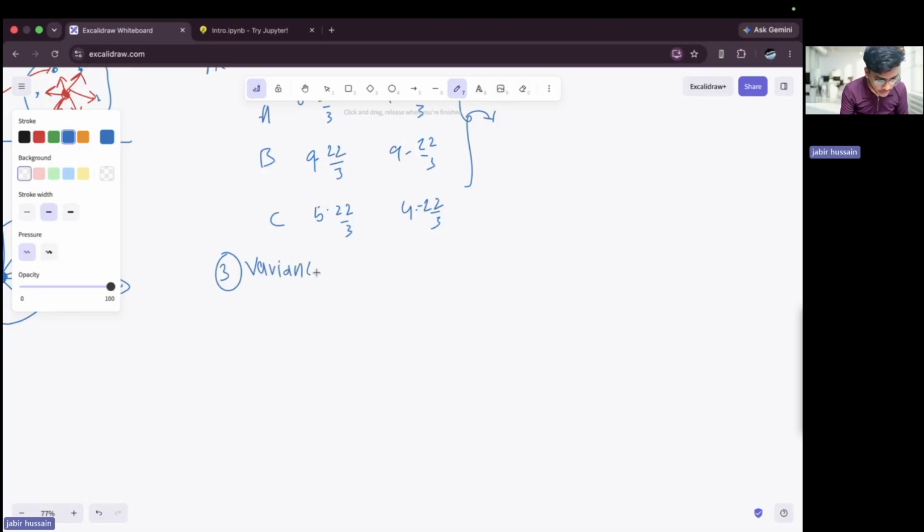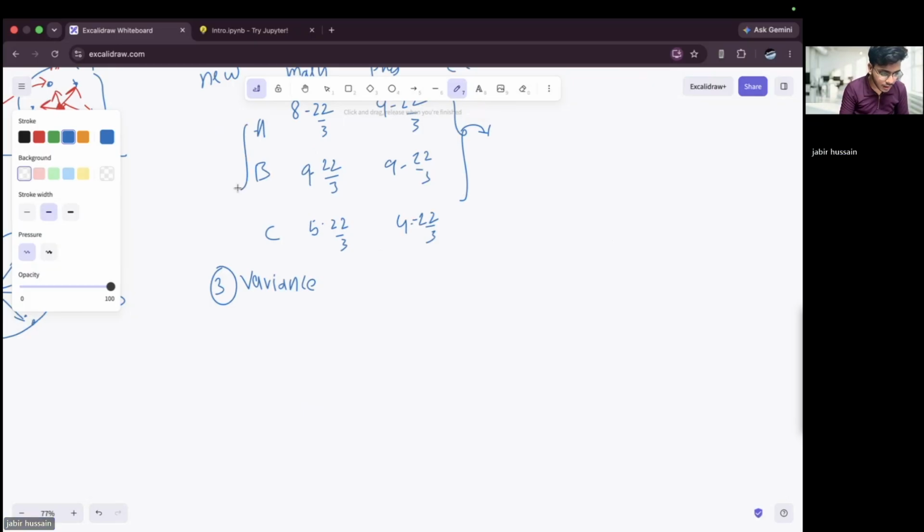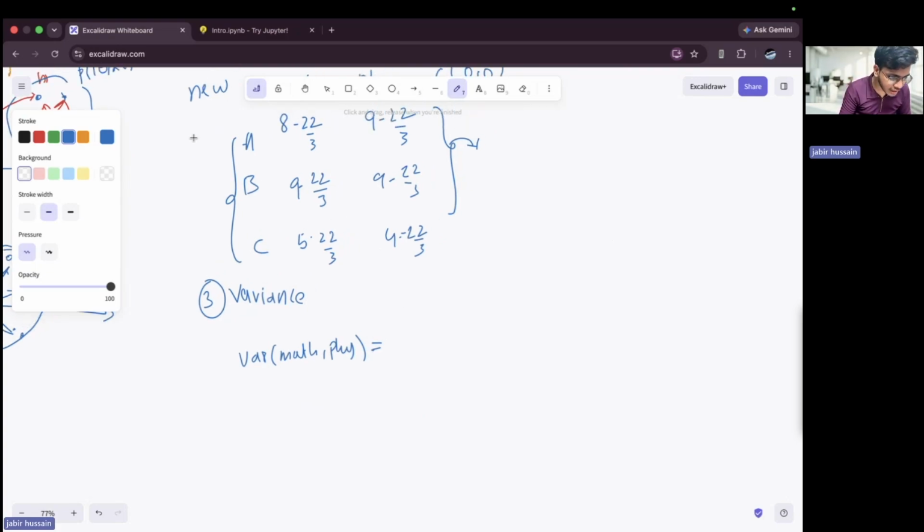So to calculate variance, what we do is that we take the squares of these points. So variance of math comma physics is equal to, we take all the points, right? This is known as deviation of A. So deviation of A is equal to this, deviation of B is equal to this, deviation of C is equal to this.